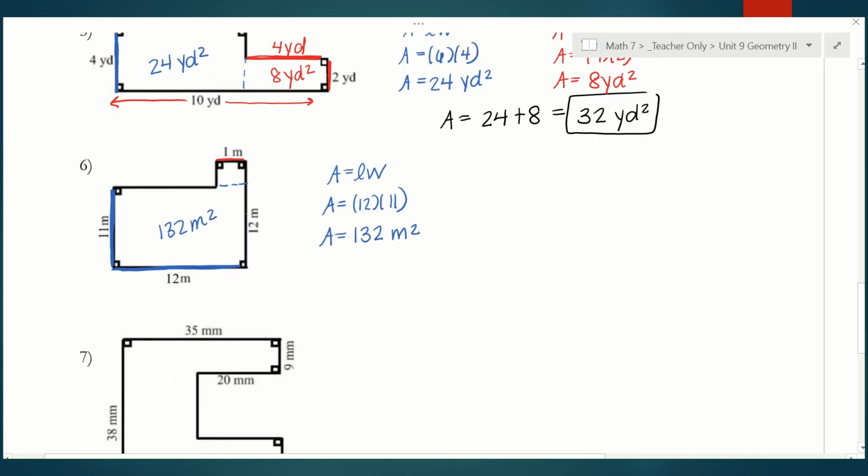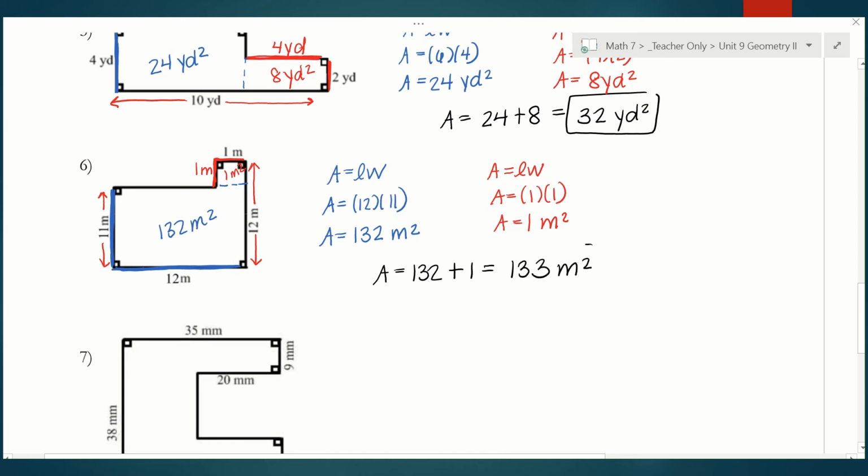So I know the width of it is 1, but what I don't know is this right here. So since I know this whole side is 12, and I know this side's 11, 11 plus something has to give me 12, which is 1. So that's actually a square right there. So you could have done 1 squared or 1 times 1. Either way, that little area is 1 square meter. Okay, so again, to get my total area, I'm going to add 132 plus 1 to get 133 meters squared.